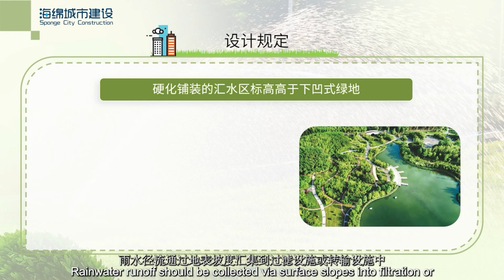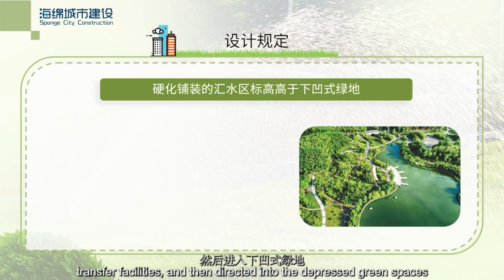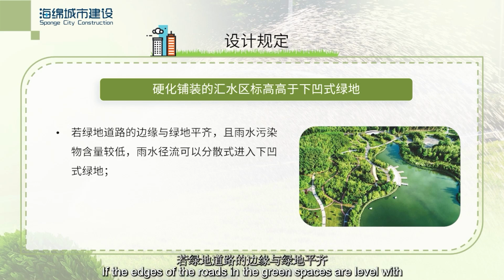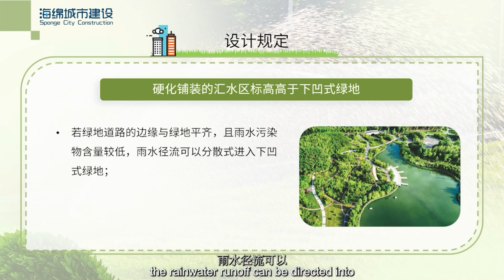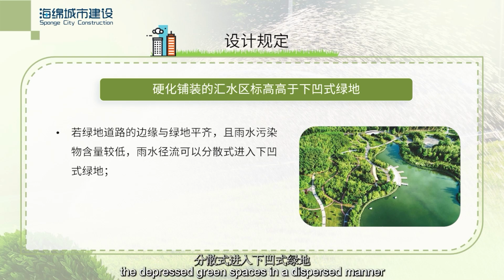Rainwater runoff should be collected via surface slopes into filtration or transfer facilities and then directed into the depressed green spaces. If the edges of the roads in the green spaces are level with the green areas and the rainwater contains low levels of pollutants, the rainwater runoff can be directed into the depressed green spaces in a dispersed manner.